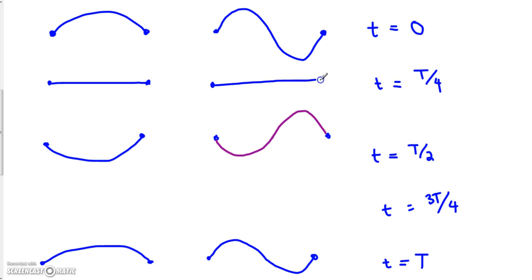So this is a perfectly flat line as well. By the same reasoning, down here for 3/4 of a period, at that moment in time, we have flipped. We're going from a trough to a crest, and so we have just now reached halfway. And likewise here.